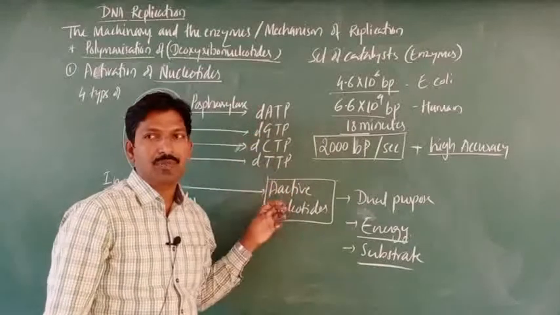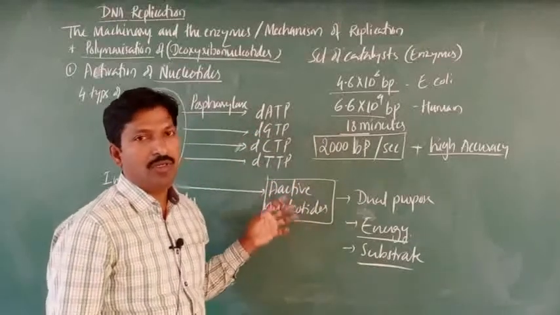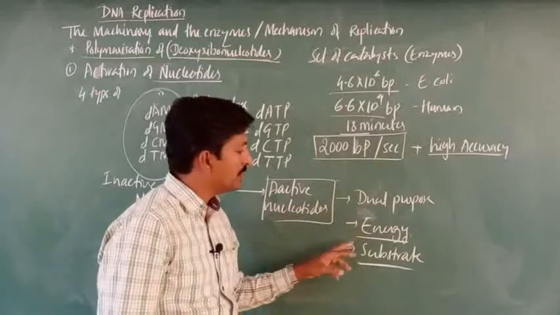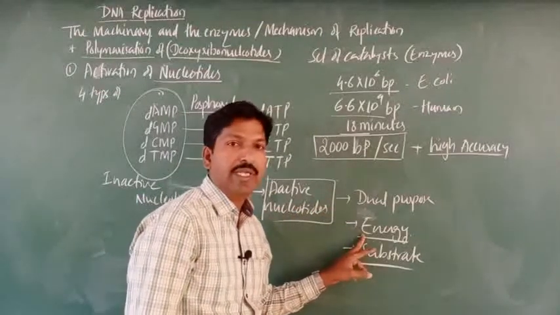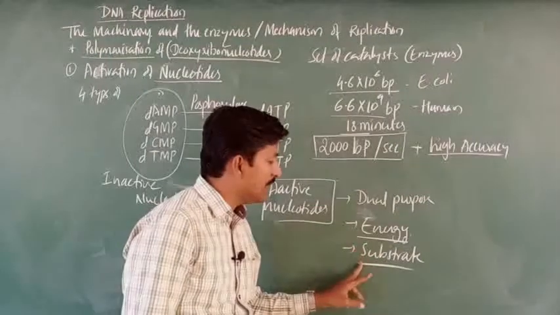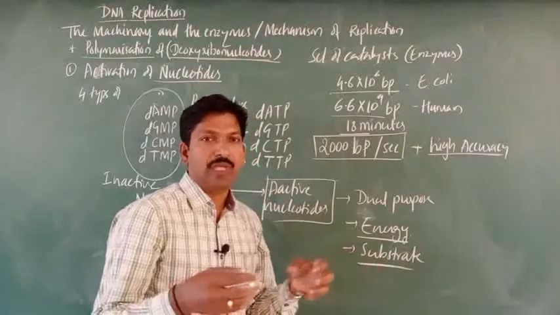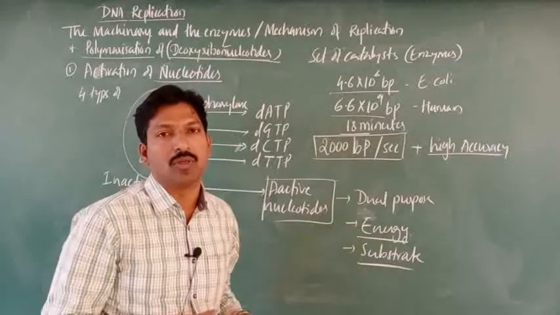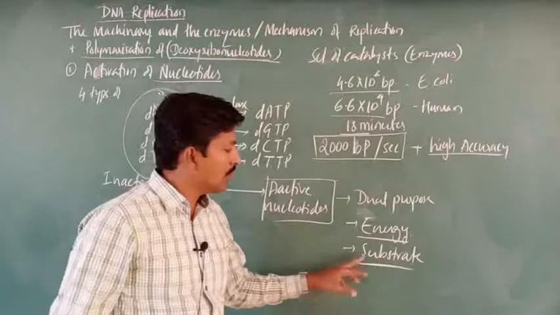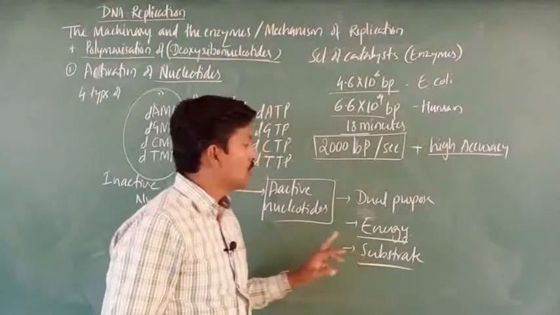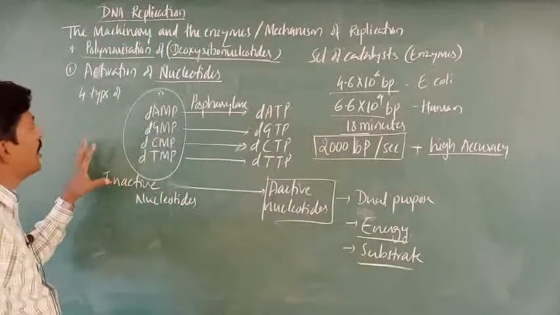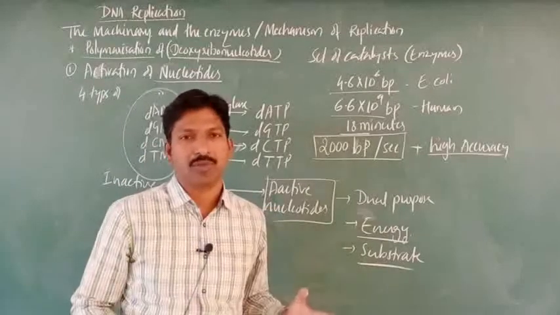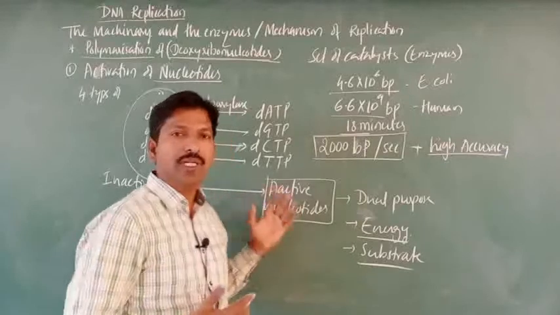These triphosphates are the active form of nucleotides and serve two functions: providing energy, and being the substrate, the main molecule in the strand, as nucleotides are joined to form a strand. This is the first step we can consider, but don't think the steps occur one after another. It's a simultaneous process; for our understanding, we have made some steps.